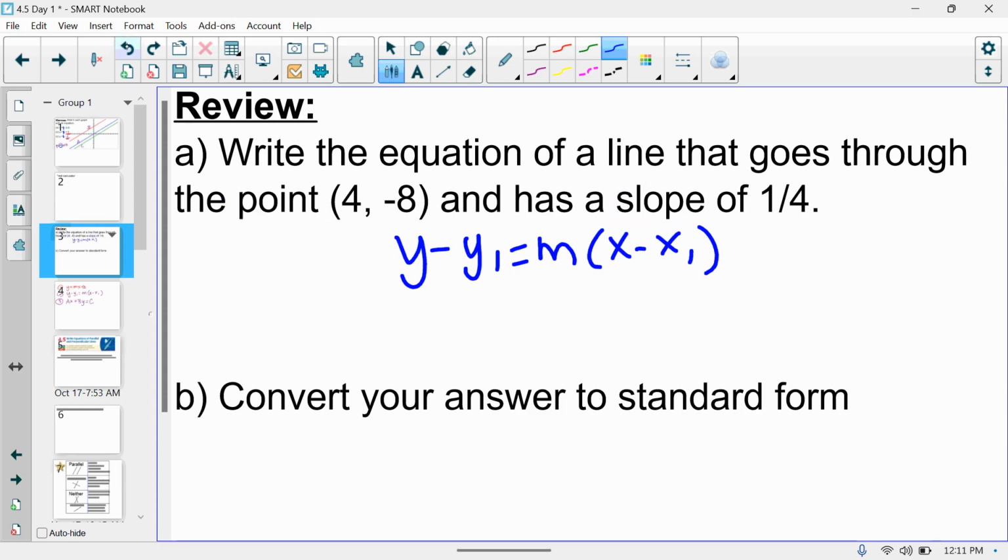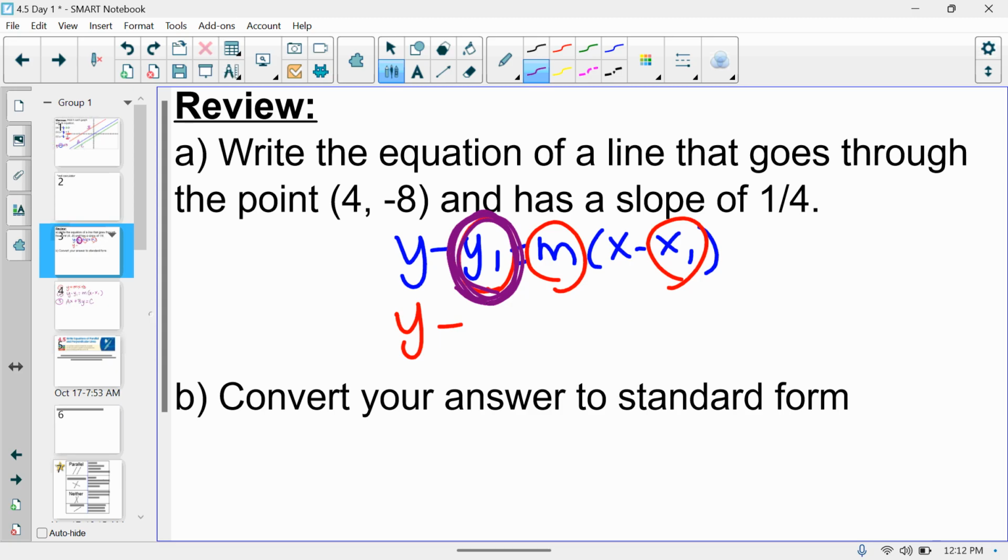So let's see if we remember how to use this formula. We're going to fill numbers in here, here, and here. I'm going to call on 3 random people to tell me what numbers. So I'm going to write y minus, and then what number am I going to put right here? Emma, what do you think? What number would I put right here?